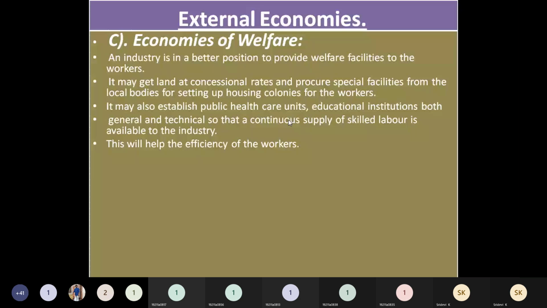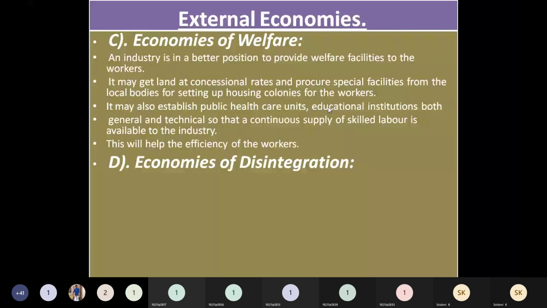In this manner, the workers will be provided facilities outside the company also, instead of only inside the company.